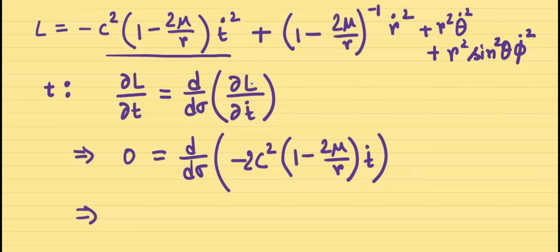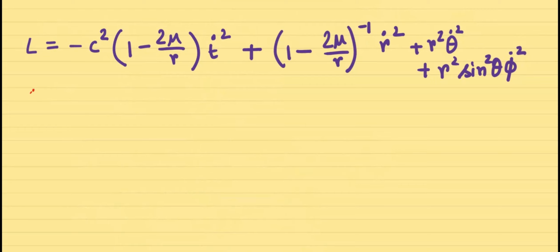And if we get rid of the other constants, which are non-zero, then we end up with this expression here, which is (1 minus 2 mu divided by r) times t dot equals k.